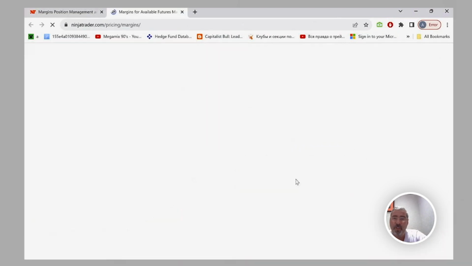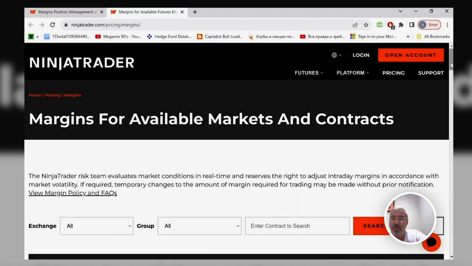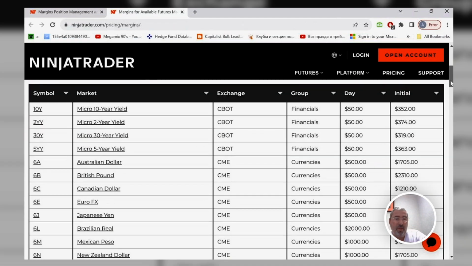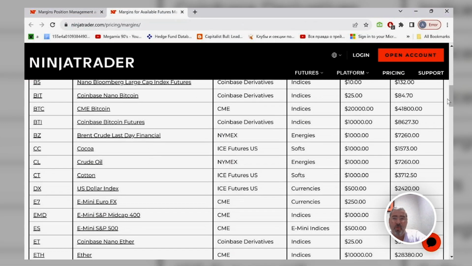Right here, view margins. Okay, Forex, we're not interested. Okay, crude oil, $1,000. You see? So this is $1,000 right here, crude oil. This is the intraday margin. For a lot of futures, let's say E-mini euro, you only need $250. So that's what it is. This is the margin that you need.